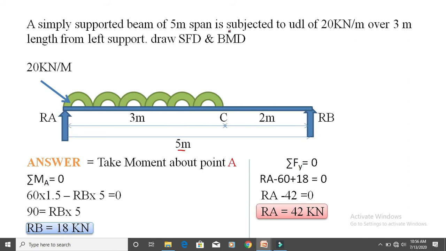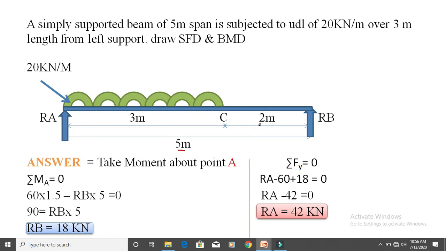There is a UDL load of 20 kilonewton per meter over 3 meter length from the left support, means from A up to 3 meter there is this uniformly distributed load. And the remaining distance C to B is 2 meter. Now we have to draw the shear force and bending moment diagram.